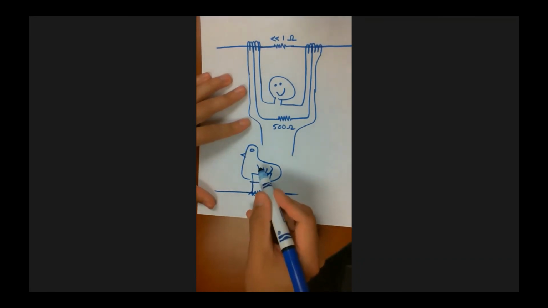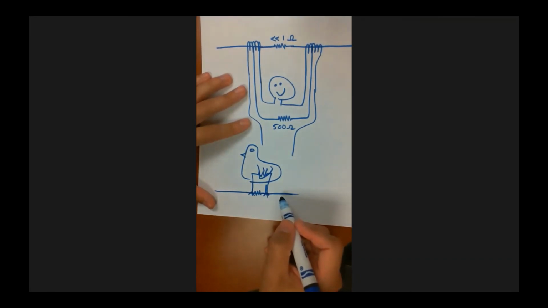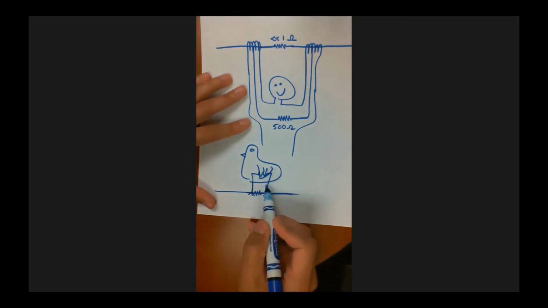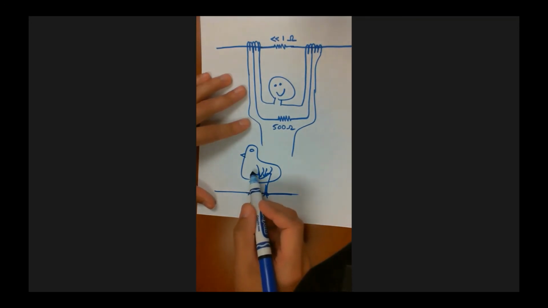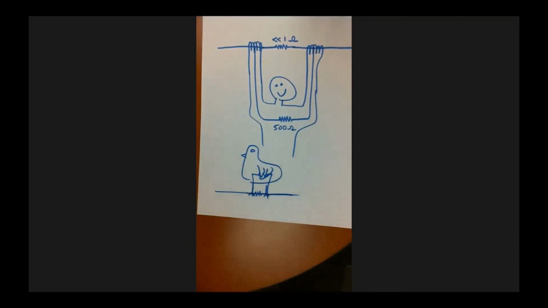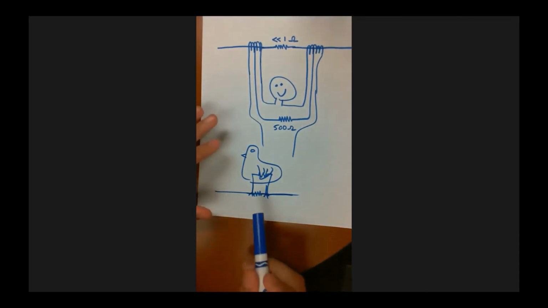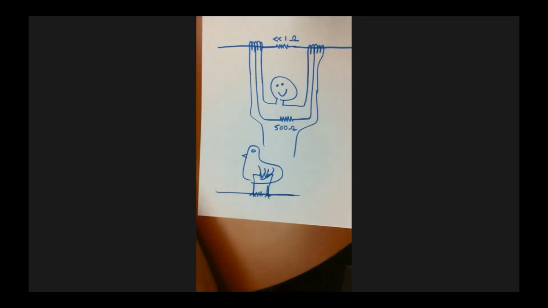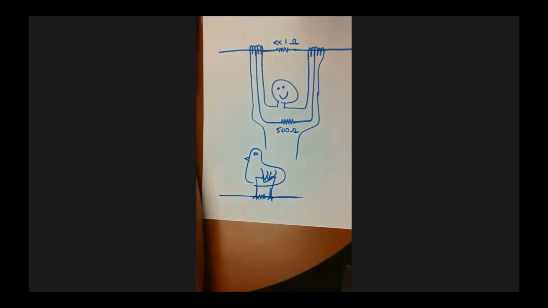The bird can sit on the transmission line because the resistance between the bird's feet is much, much, much less than the resistance through the bird. So the amount of current going through the bird is not zero, but it's very, very small compared to the current going through the transmission line wire. All right, so that's a fun little thought experiment.